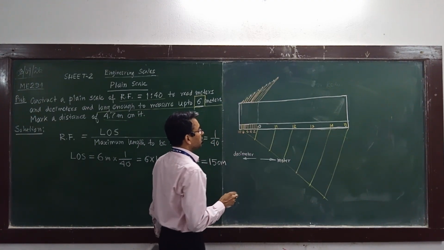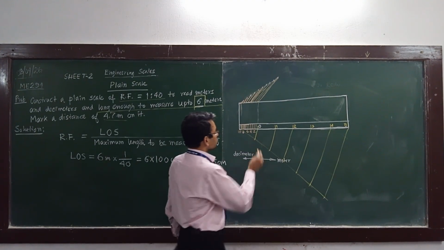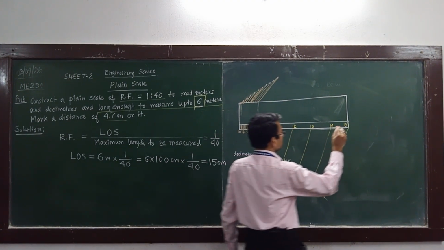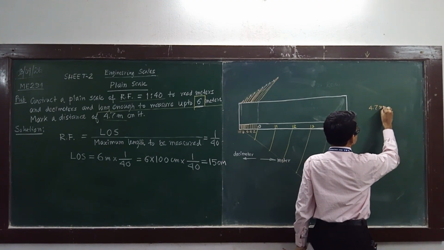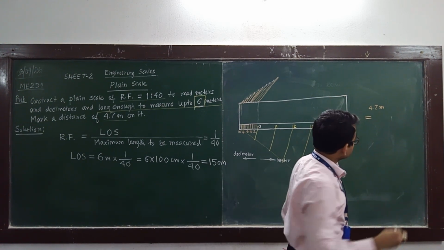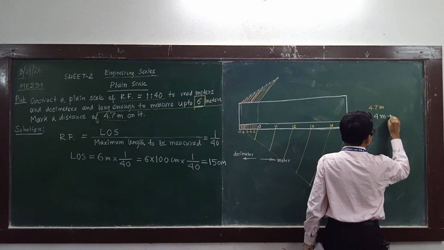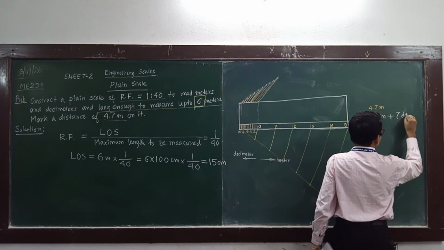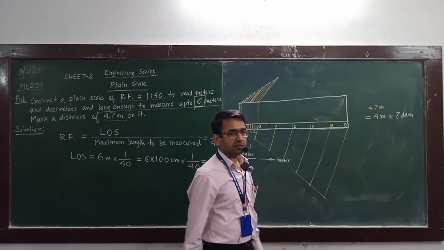Yeah, so decimeter. Then how to show 4.7? So 4.7 meters. 4.7 meters means what? Calculation: 4 meter plus 7 decimeter. Clear? 4 meters, 7 decimeter.